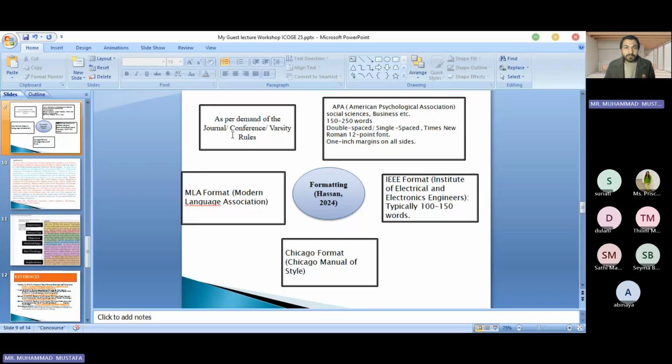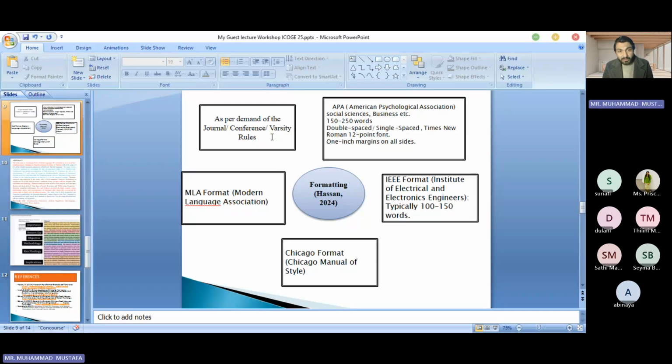What are the requirements proposed by the journal, by the conference, by the university or the institution where you are going to submit? We have to keep in mind and follow the rules, what they proposed, what they demanded.